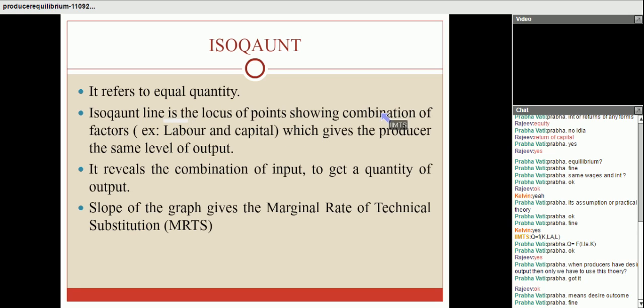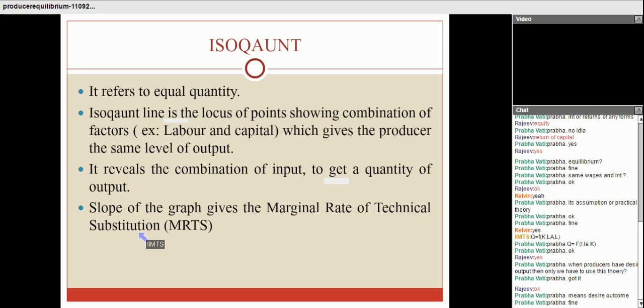Isoquant line is the locus of points showing combinations of factors, for example labor and capital, which give the producer the same level of output. Any point on this line is going to give us the same level of output. It reveals the combination of inputs to get a quantity of output.